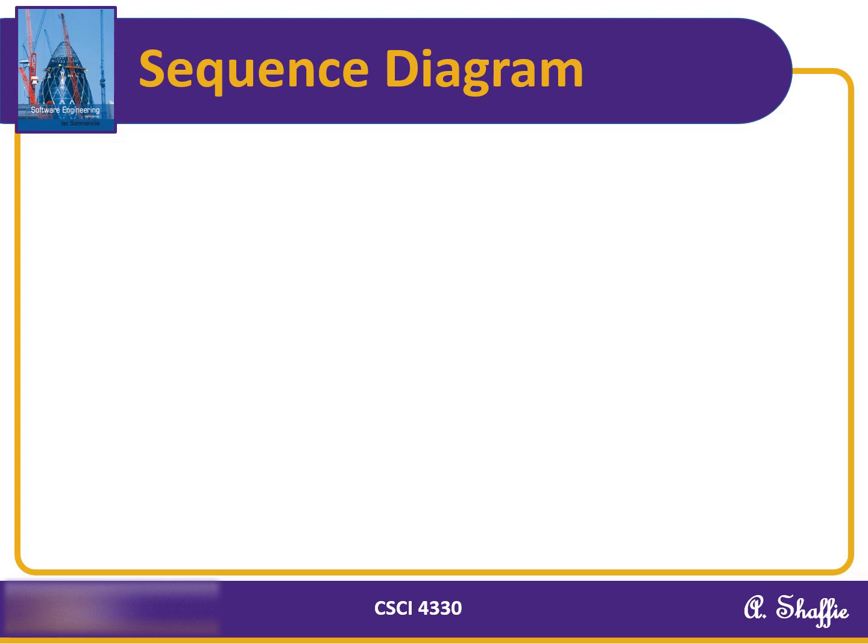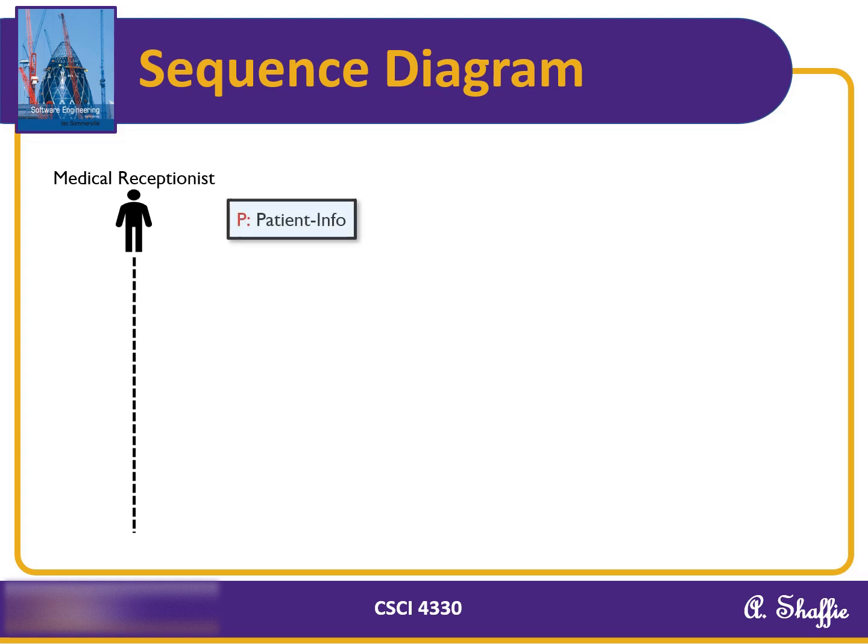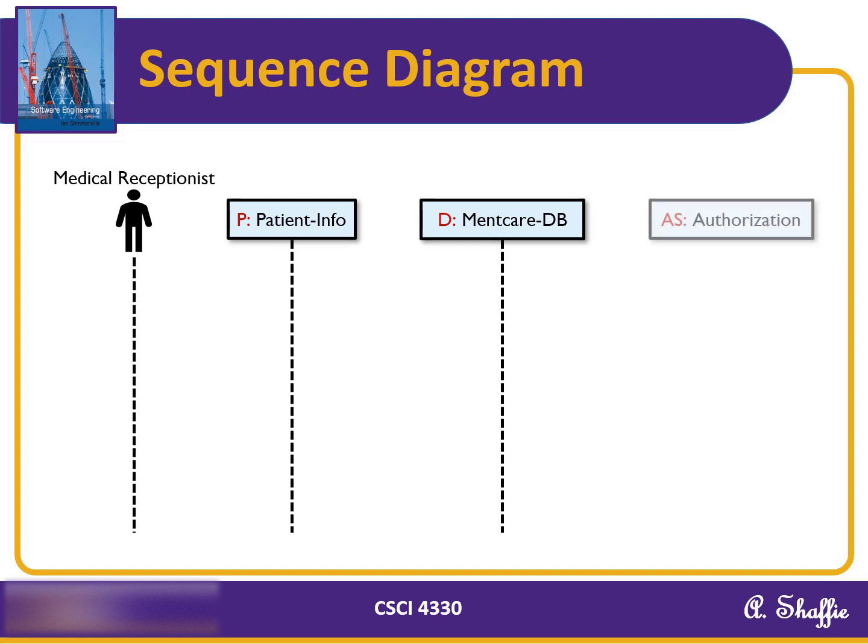In a sequence diagram in general, we start by listing the objects and actors involved along the top of the diagram, with a dotted line drawn vertically from these objects. We have here the medical receptionist as an actor, and the objects are patient information, Mintcare database, and authorization object.